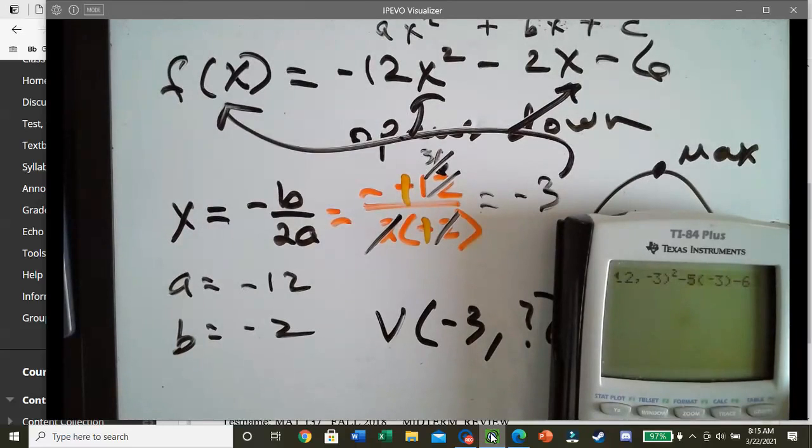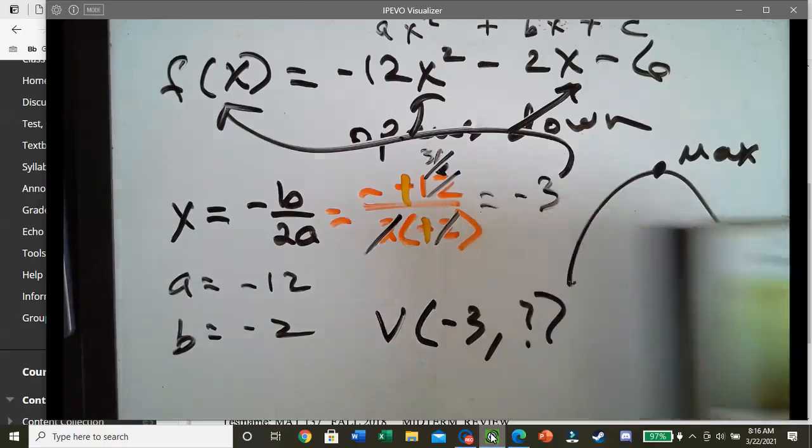Oh, wait a minute, there's a mistake here. This should be parentheses. Just double check, make sure this is all right. I got a negative 5 instead of a negative 2. Change that. And so we get negative 108.